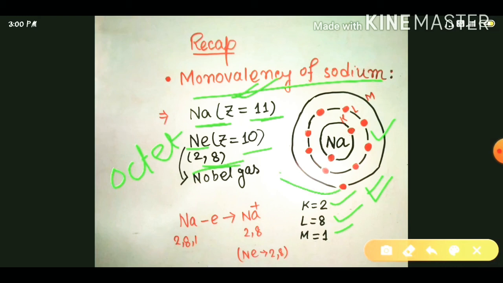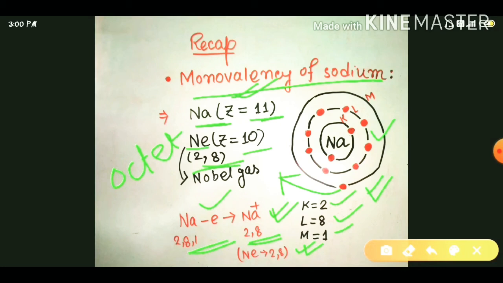If this electron is removed or given, then sodium after losing this electron becomes Na+, and this is the electronic configuration 2, 8. So it is also the electronic configuration of neon, so it becomes like neon and more stable.